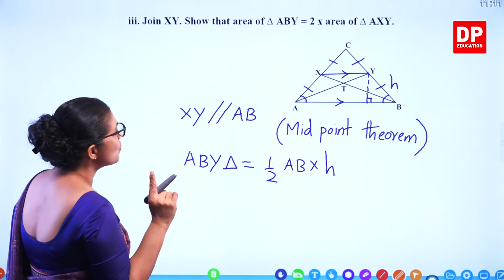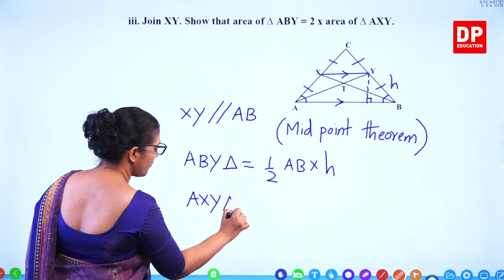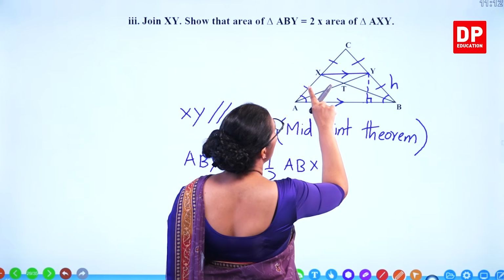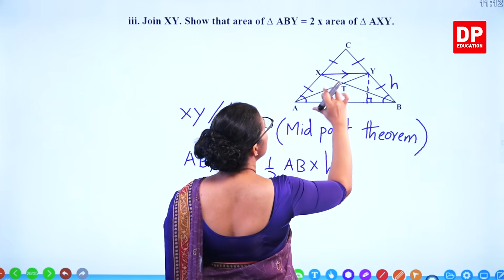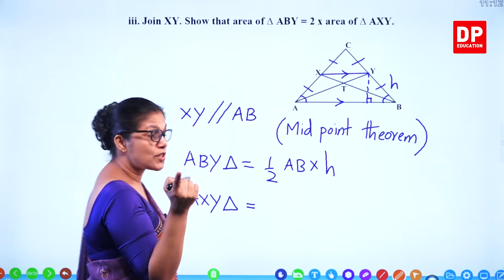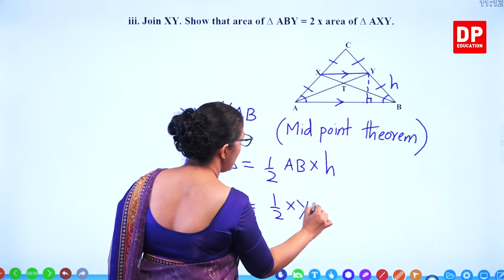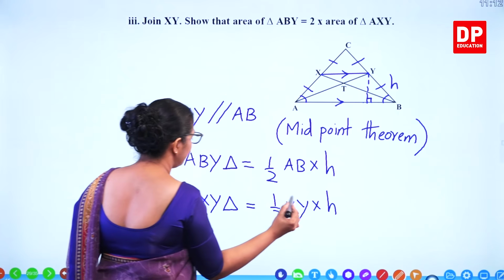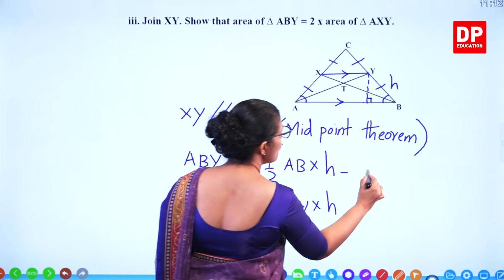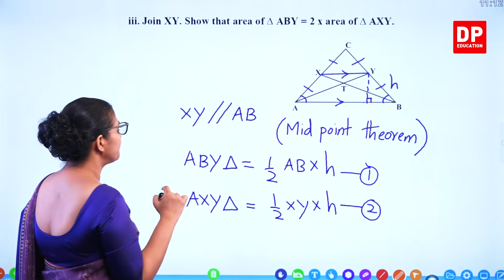What's the AXY triangle? AXY triangle: same perpendicular height, but the base is now XY. Half XY into H. Now we need to identify the relationship. So we'll take 1 and 2.